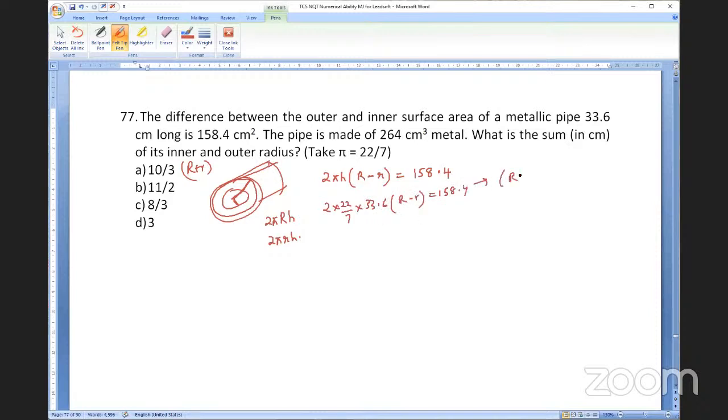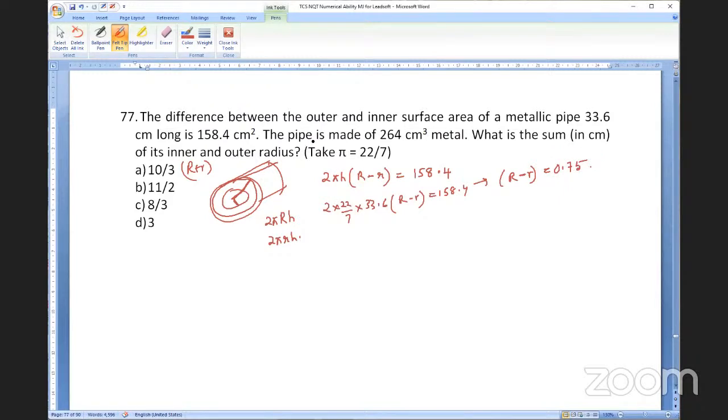Let's calculate how much is capital R minus small r. So directly we can do 158.4 into 7 divided by 44 divided by 33.6. This is coming at 0.75.